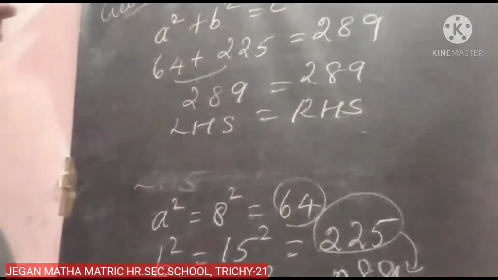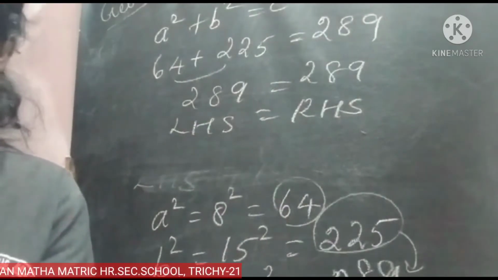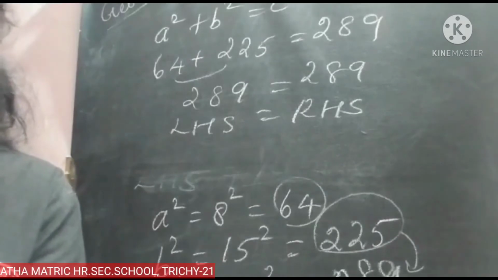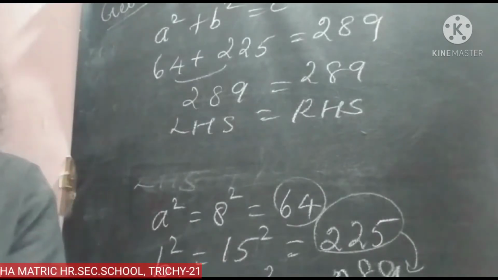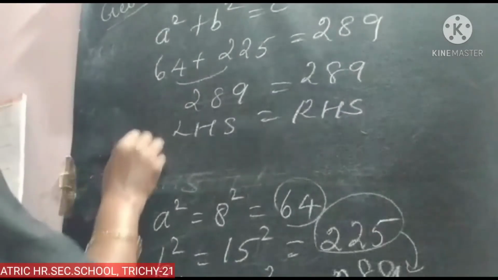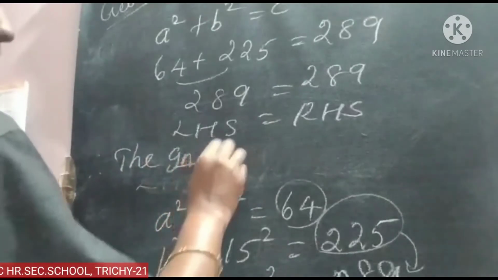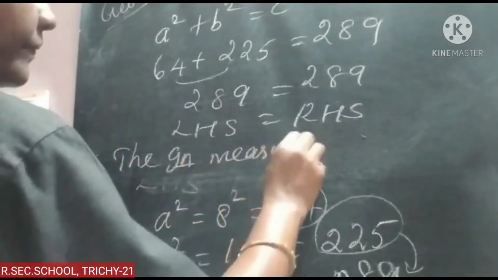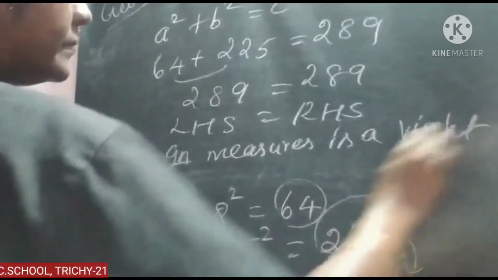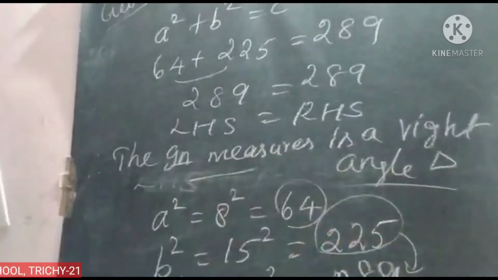So by the converse of Pythagoras theorem, the triangle with the given measures is a right angle triangle. This is the final answer you have to write.